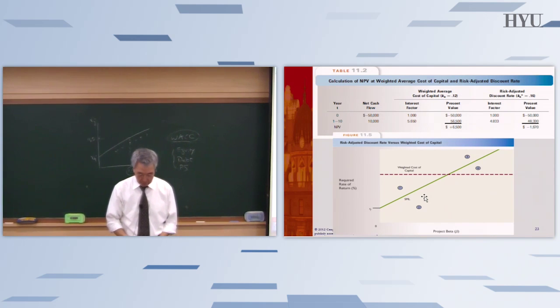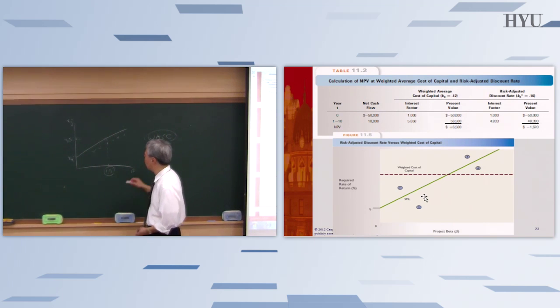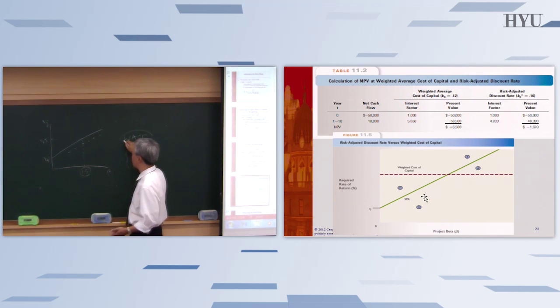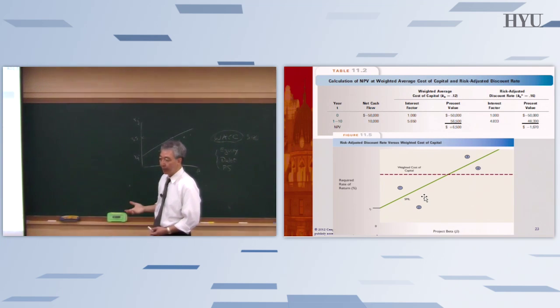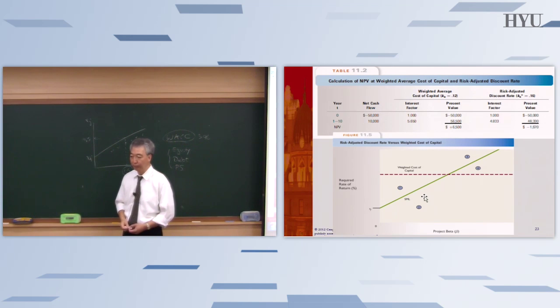But anyway, if the company just uses WACC to evaluate any project, suppose the company's weighted average cost of capital was 3%. On average, they pay 3% cost on stocks and bonds and the preferred stock they issue.